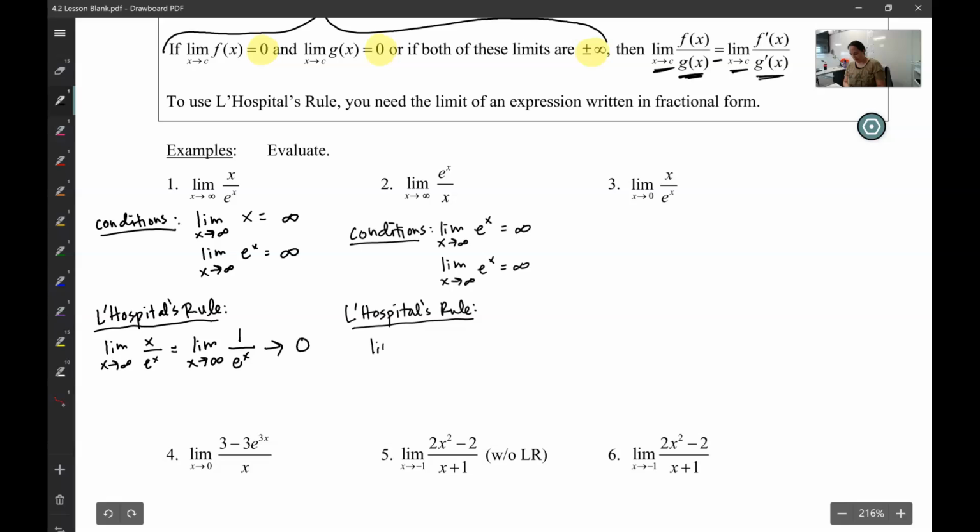So now I can say the original limit is going to equal the limit of the derivatives. So derivative of e to the x is e to the x. Derivative of x is 1. So I get the limit as x goes to infinity of e to the x, which is infinity.